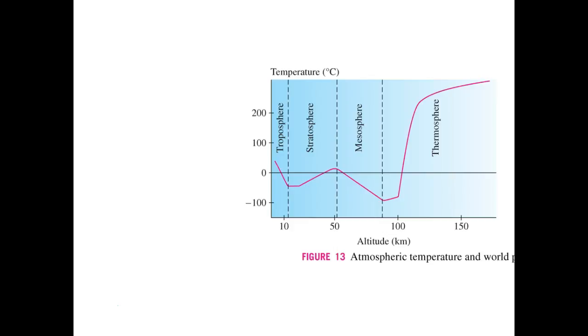This is altitude in kilometers. Obviously, they've skipped some space here, somewhere up there, and this looks like to me to be about maybe 2,200 meters or something like that.